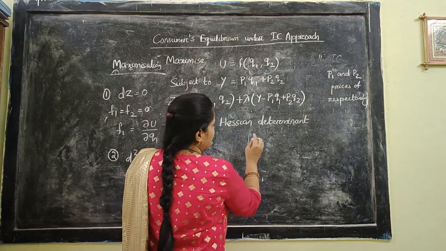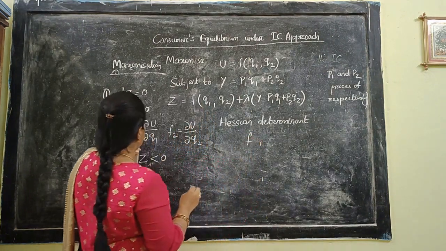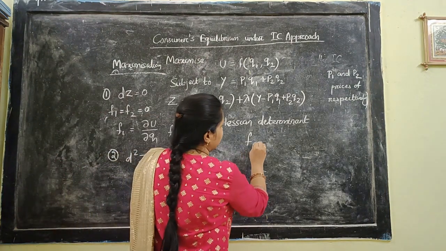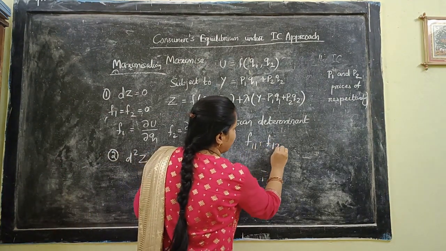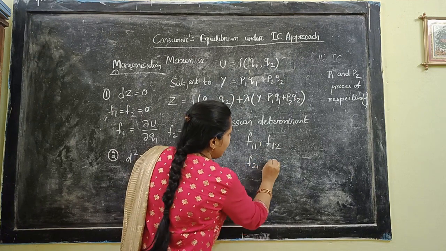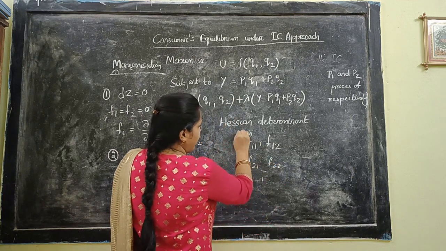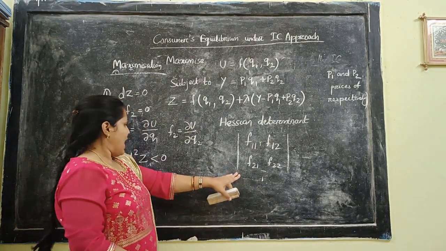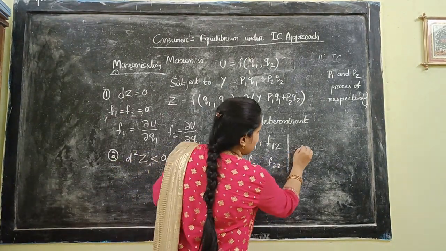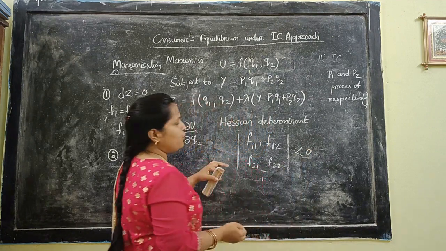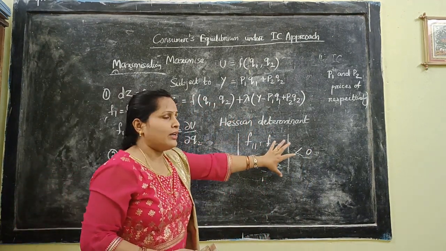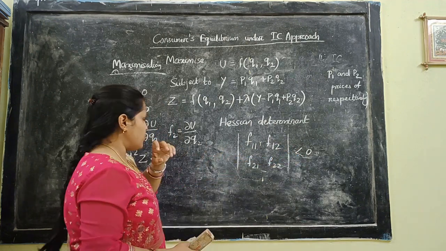Here we have denoted the first partial derivatives as F1 and F2, so the second partial derivatives are F11, F12, F21, F22, right? So this is the Hessian determinant, and it should be less than 0 for maximization.